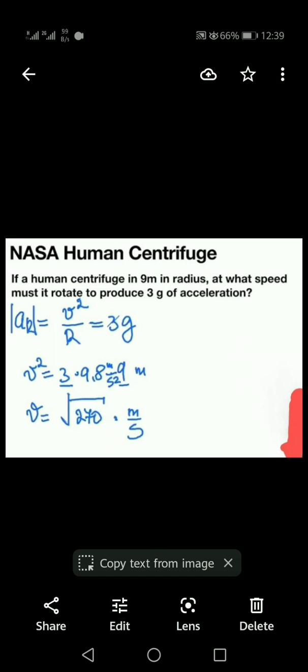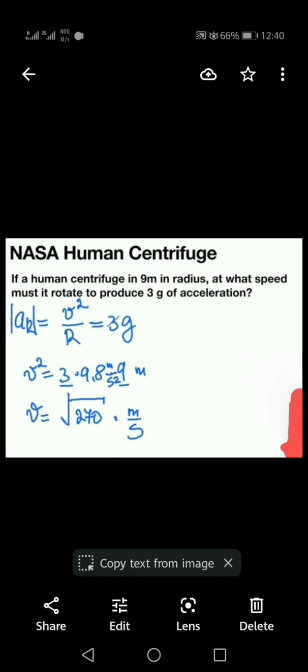And you can see that we have 3g in the question. The g is not in grams. We are talking about acceleration. So the 3 is multiplying the acceleration, and the acceleration is constant, though it's not given, which is 9.8 meters per second squared.